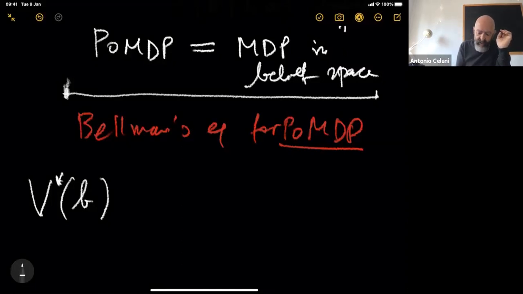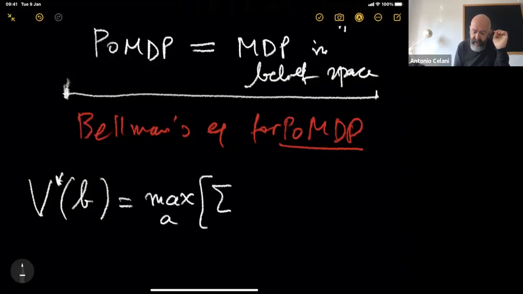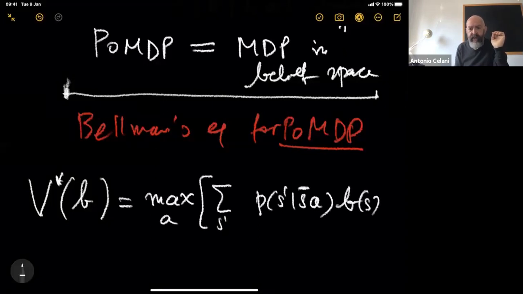Now you recognize that the structure is extremely similar to the Bellman's equation you're familiar with. It's the maximum over actions, and here you would have the probability distribution over new states and the sum over S prime. What changes here is that you don't know the states. So you have also to put the beliefs here and sum over this belief.